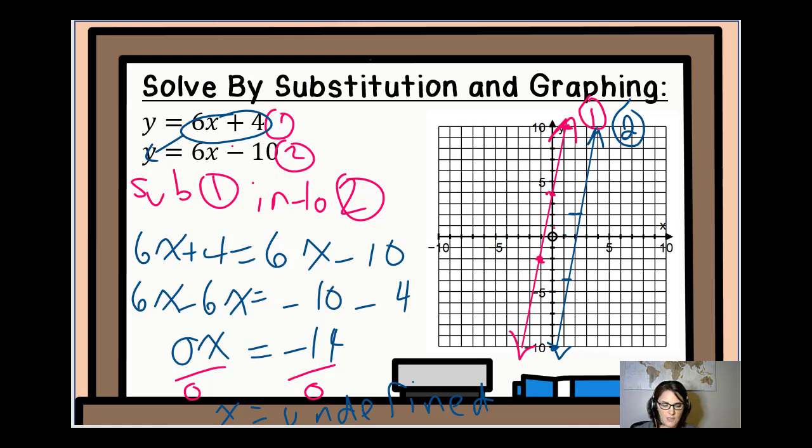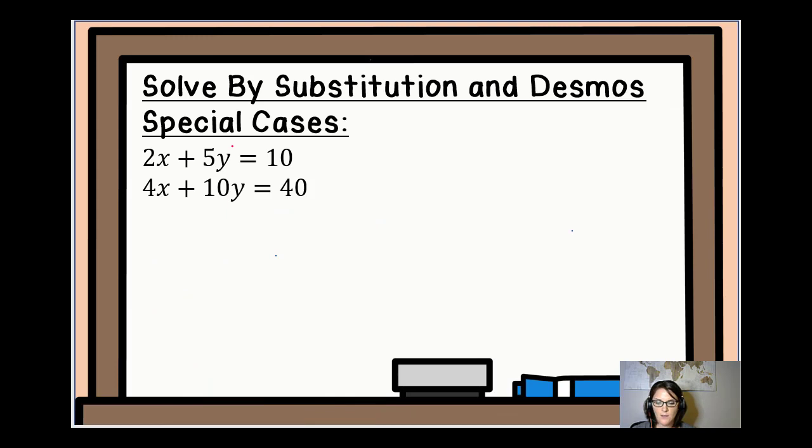Okay, let's look at another example. Another special case: 2x plus 5y is equal to 10, 4x plus 10y is equal to 40. So label 1 and 2. Then we're going to rearrange into y equals mx plus b form and substitute in.